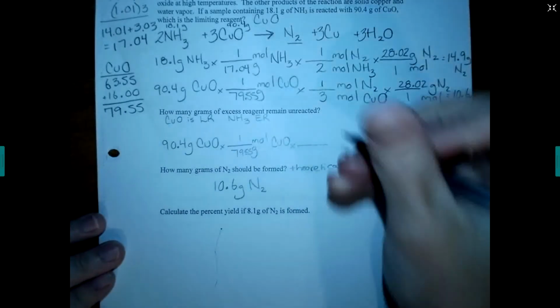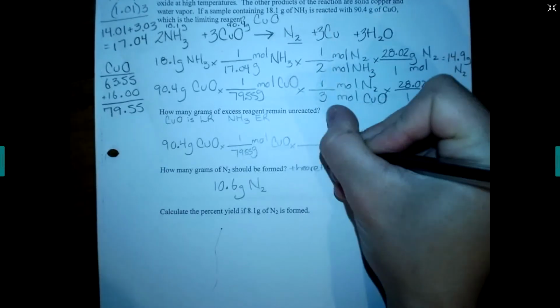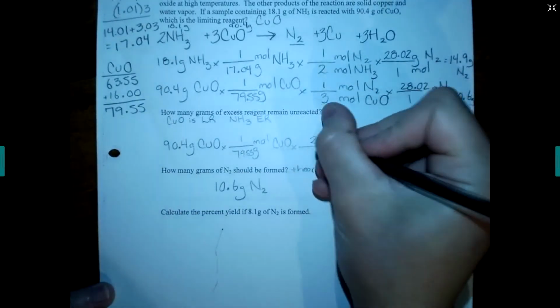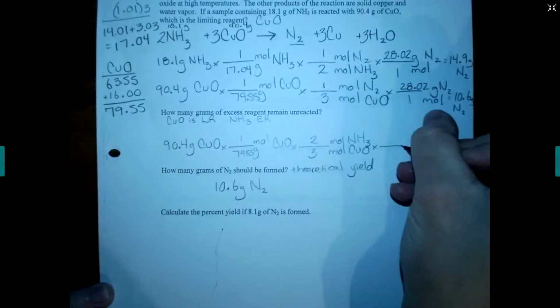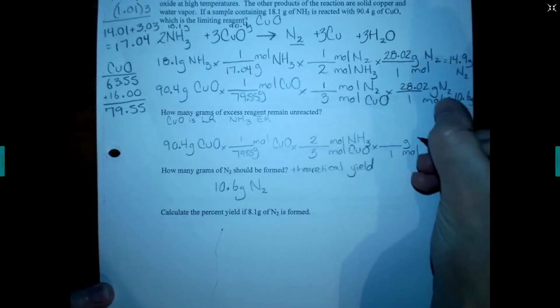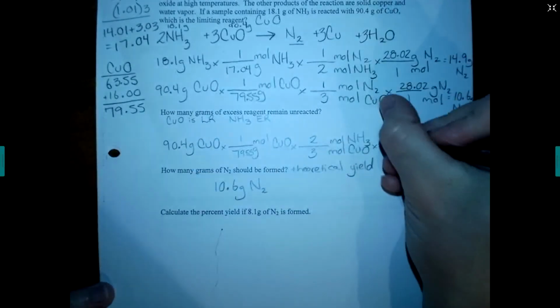So now ammonia is going to go on top. Copper 2 oxide is going to go on the bottom. And that ratio is 2 to 3. And now I'm going to convert this back into grams by putting the molar mass of ammonia on top. So that's 17.04.